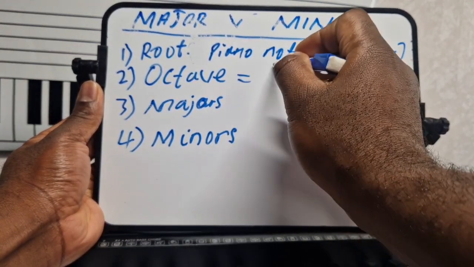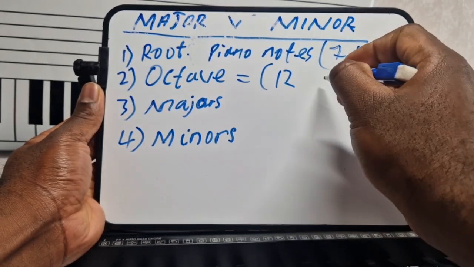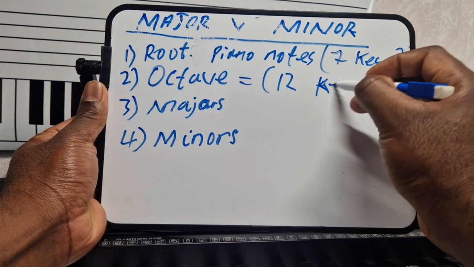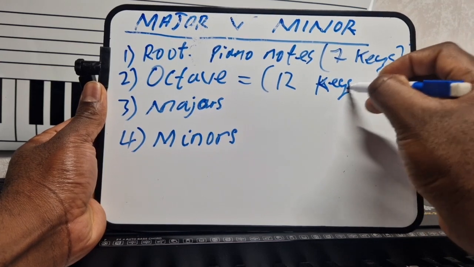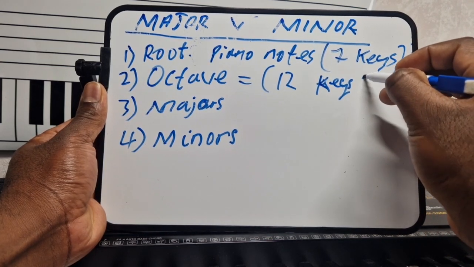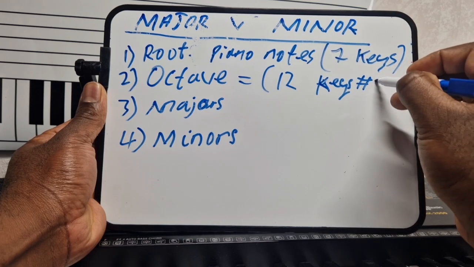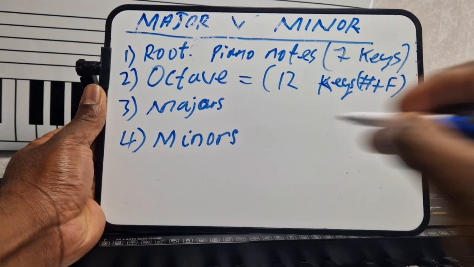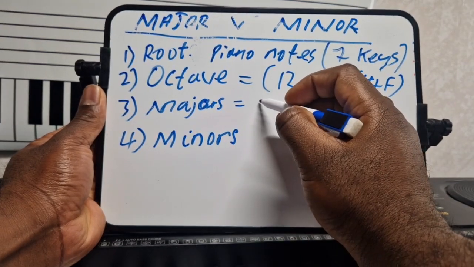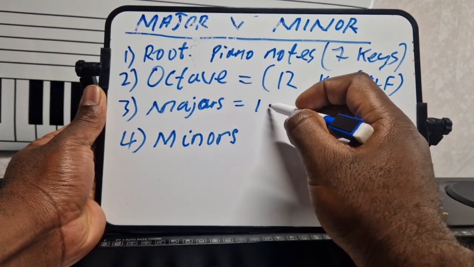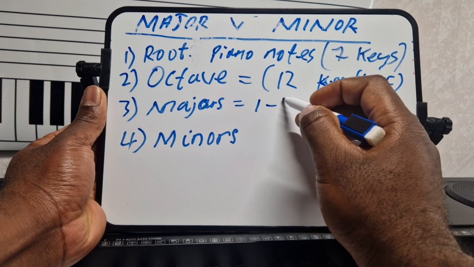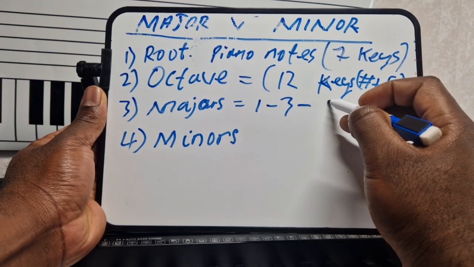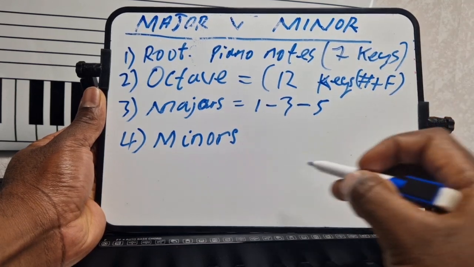Octave, 12 keys, including sharps and flats, right? Major, you play the root note and then you skip 3 keys, you play the next letter and then you skip 2, which is 5.